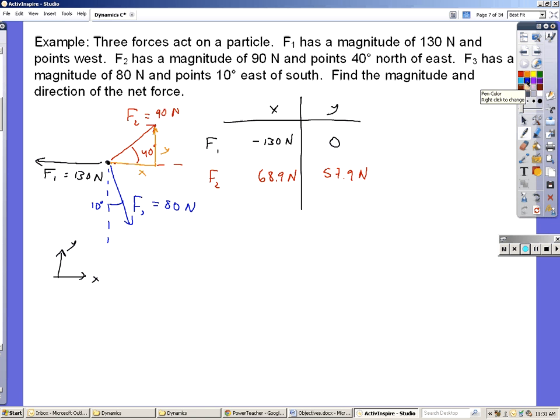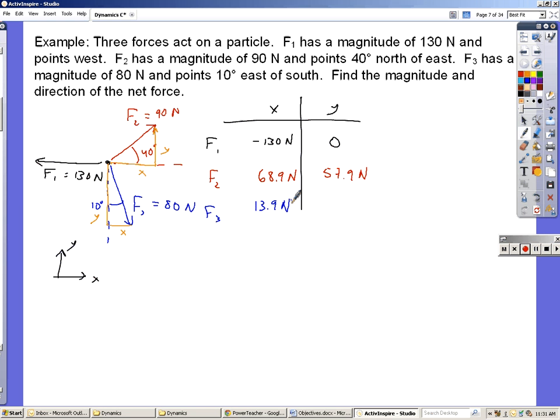Now F3 will do something similar, but when we go to draw the triangle for F3, we notice x is now opposite the 10-degree angle, and so we'll use sine there. So 80 sine 10 degrees is 13.9 newtons.